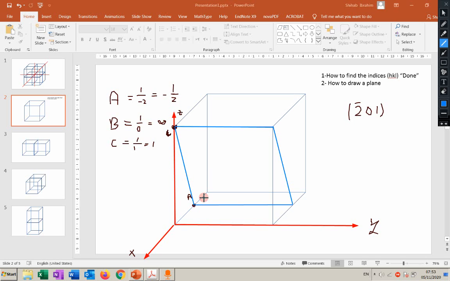So what we did, we only had 2 points. We connect these 2 points together. Then, since we know it is parallel to y, at each point we're going to draw a line parallel to the y-axis within the cube. This is parallel to y, and this is parallel to y from here.